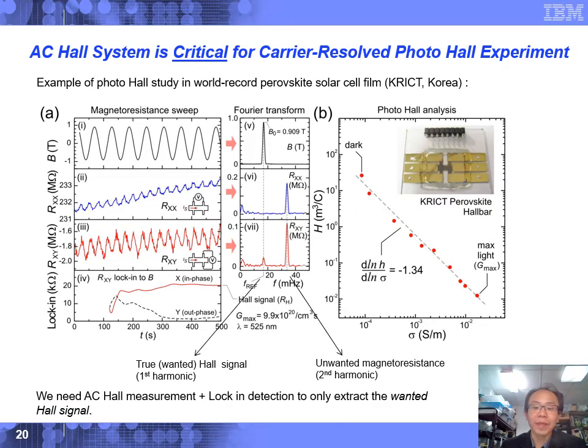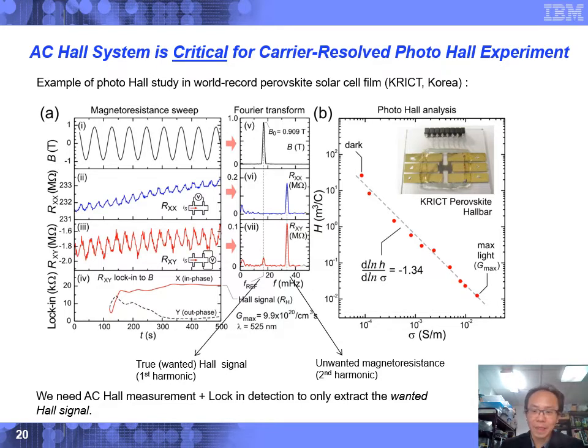And I want to mention that it is very important to have an AC Hall system to perform this photo Hall measurement, meaning that you perform the Hall effect with an oscillating magnetic field so that you can recover a tiny signal that is otherwise very difficult to measure, either because your mobility is too low or your resistance is too high.